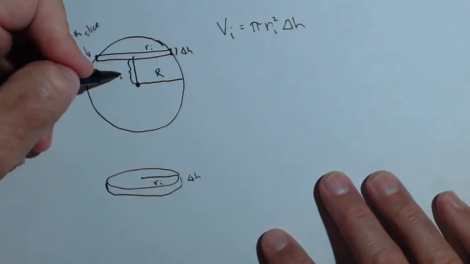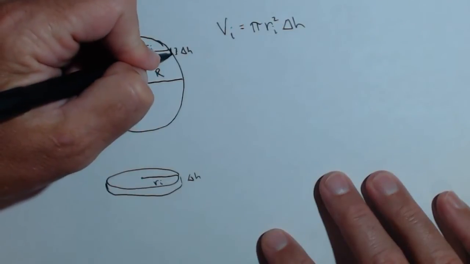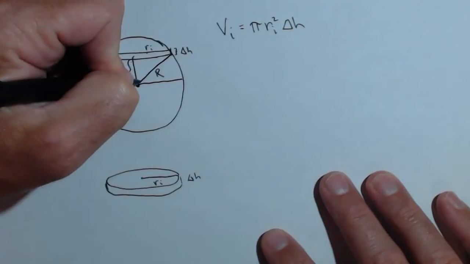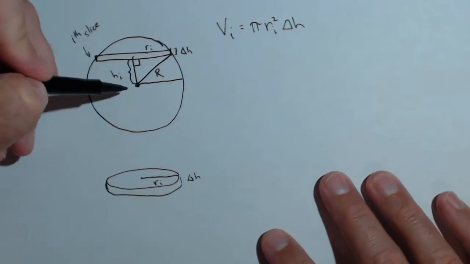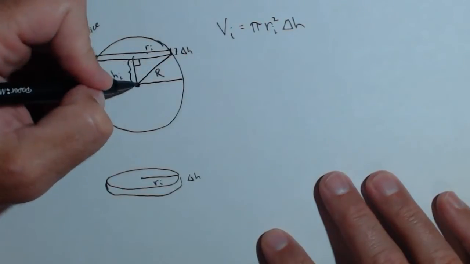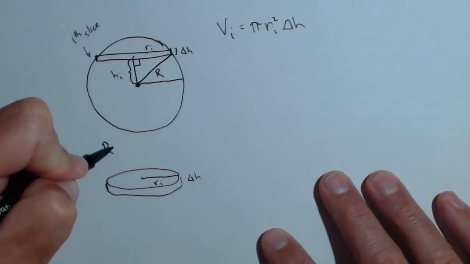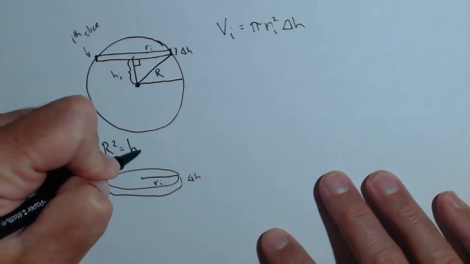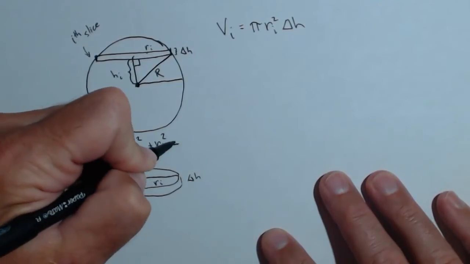So the goal now is to get a relationship between h sub i and r sub i. Well, if I drop in another radius length here, notice what I have. I have a right triangle that has legs of h sub i and r sub i and a hypotenuse of capital R. And that's going to be my key right there: R squared equals h sub i squared plus r sub i squared.